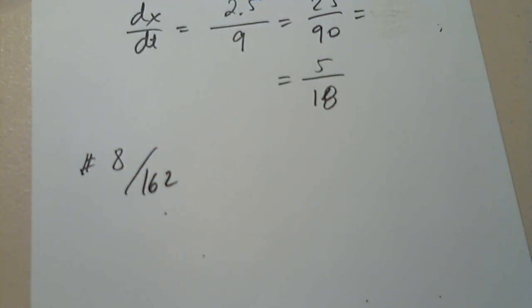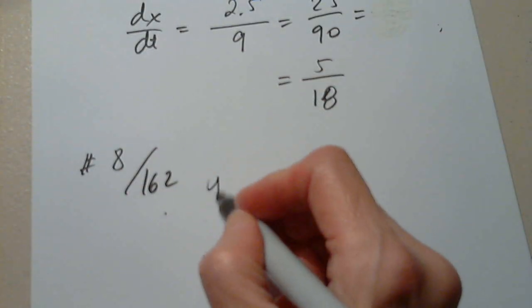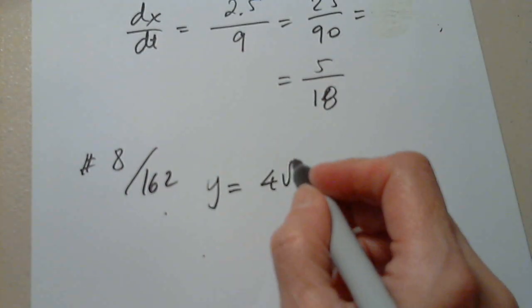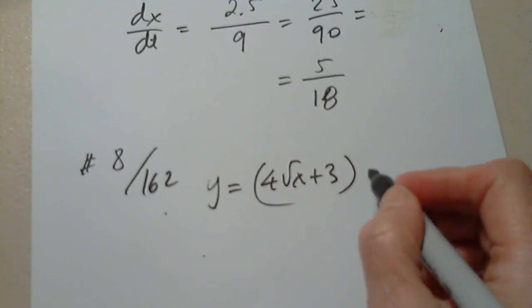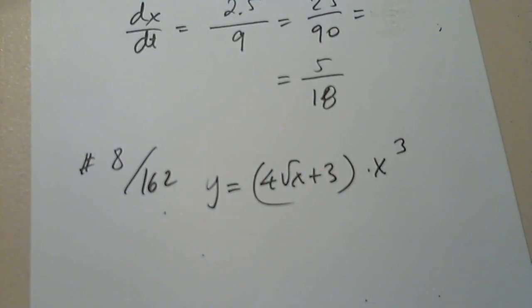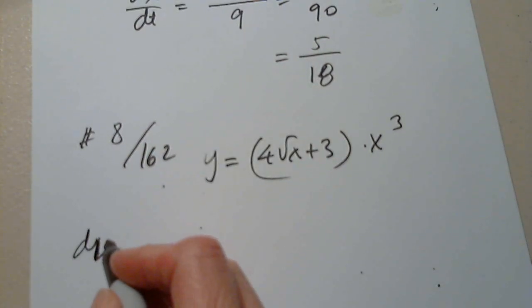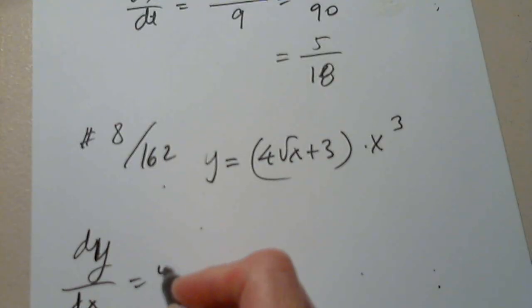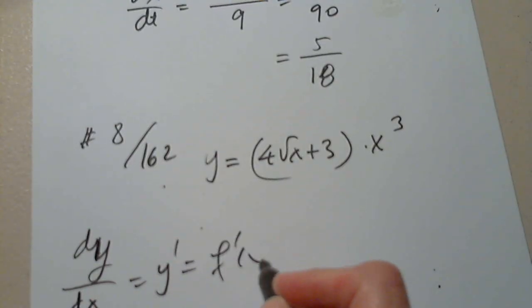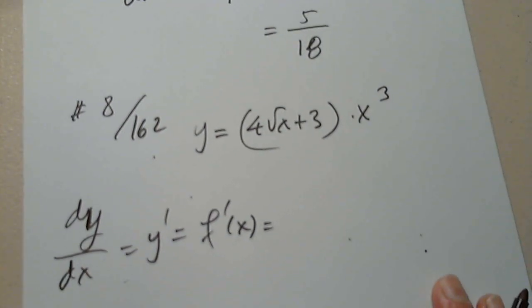Y equals 4 the square root of x plus 3, multiplied by x cubed. First of all, we have to apply the product rule. Either you write dy over dx, or y prime, or f prime of x. It all means the same thing.